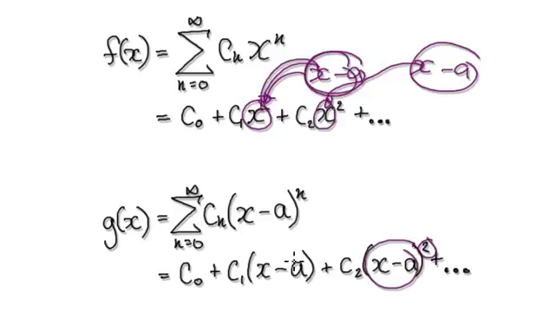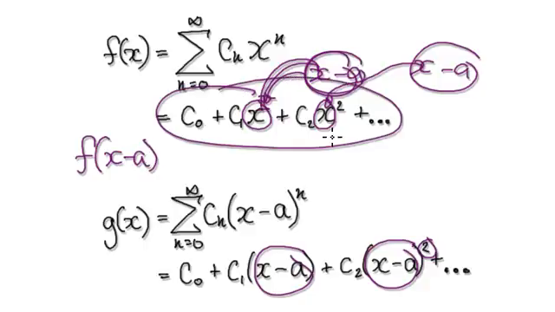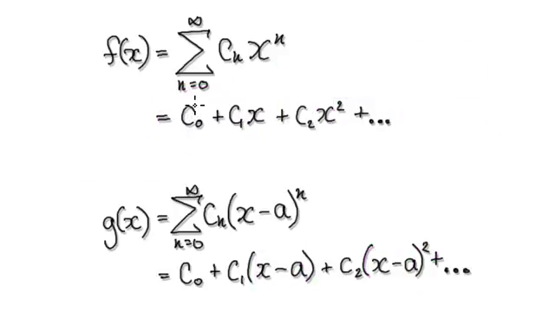Put this into here, that will then give you this, and so on. So by doing this, you're in a way applying this transformation, where you move this thing across by a factor of a. So let me give you an example, and hopefully you can see what I mean.